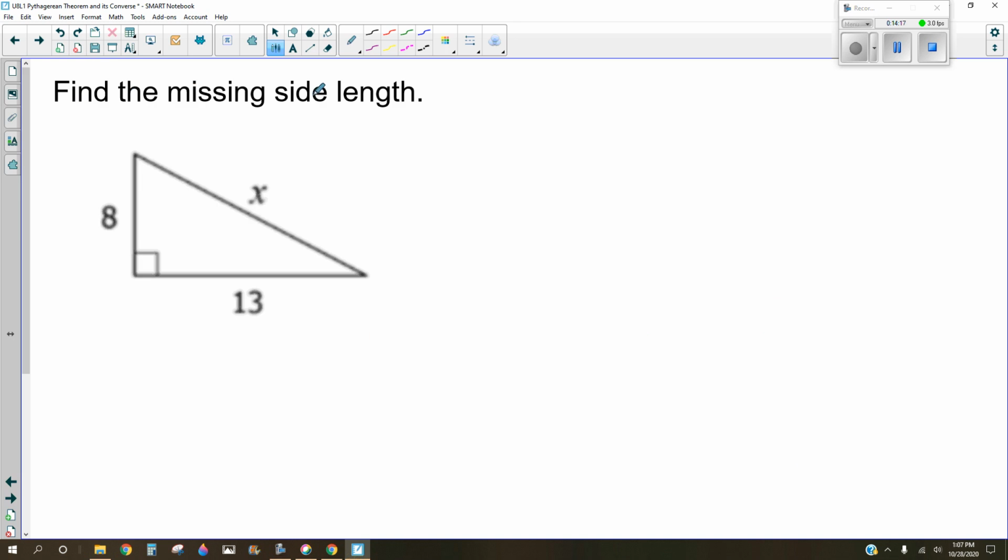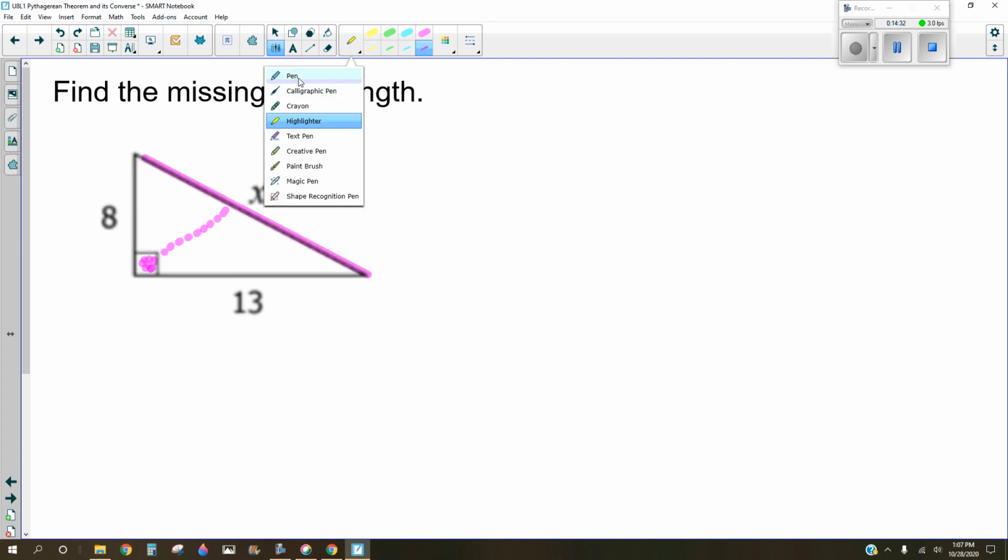Find the missing length. Okay, so before I do anything, I'm going to find the hypotenuse. Here's my 90. So this is my hypotenuse. Okay, that's my hypotenuse.